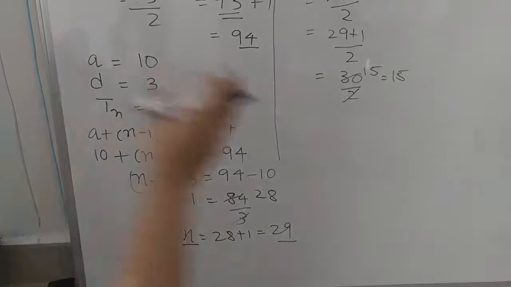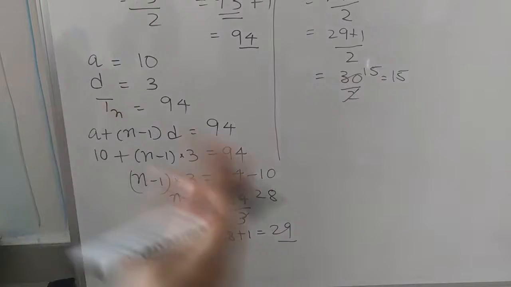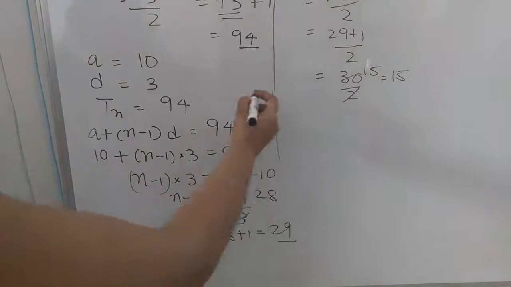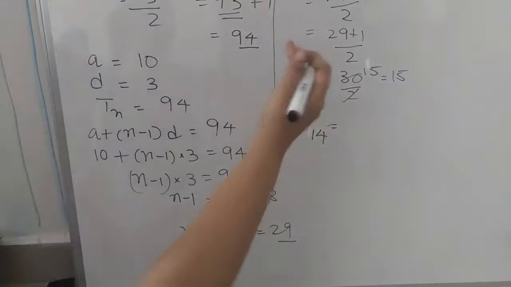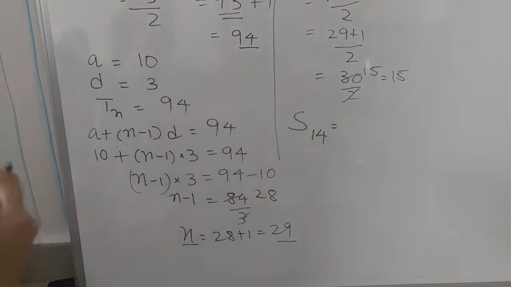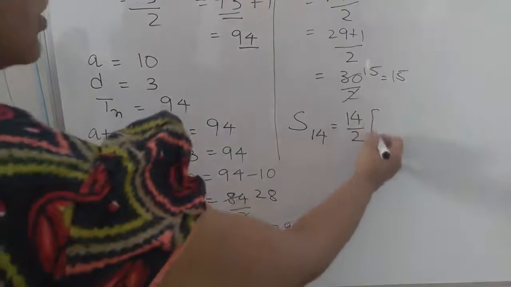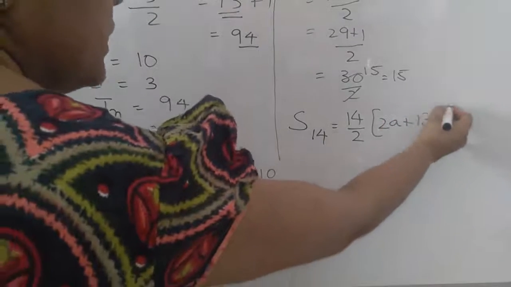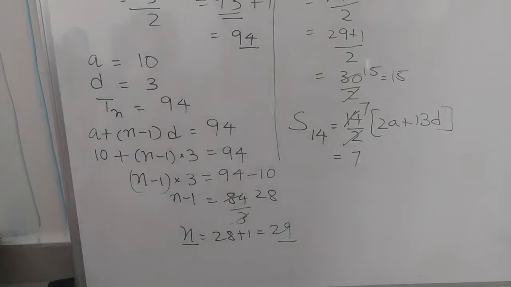Also now we want to find the sum of all the terms on the left-hand side and the right-hand side of the middle term. First, the terms before the 15th are the numbers 1 to 14. For that, the sum is n by 2 into 2a plus n minus 1 into d, so 14 by 2 into 2a plus 13d. Cancelling, we get 7.